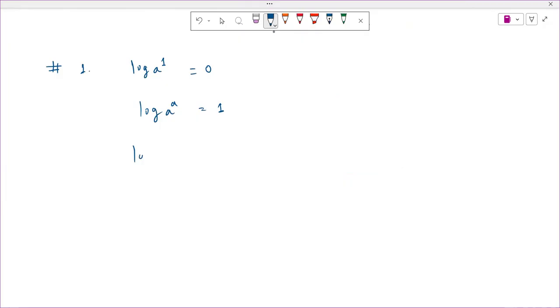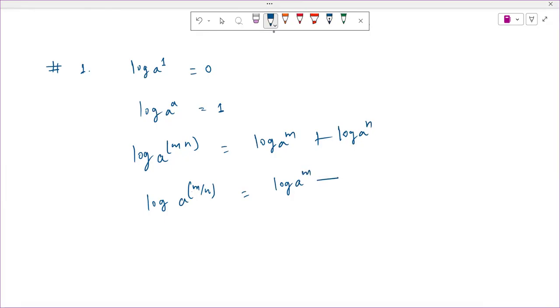If you are taking the product of two numbers m and n with base a, in expansion you can write log_a m plus log_a n, simple. If you have log_a of m divided by n, it's a subtraction: log_a m minus log_a n.